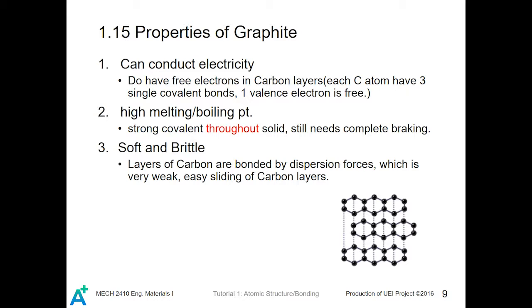But it is soft because the layers of carbon are bound by dispersion forces, which are very weak and allow easy sliding of the carbon layers, which means that it is very soft.